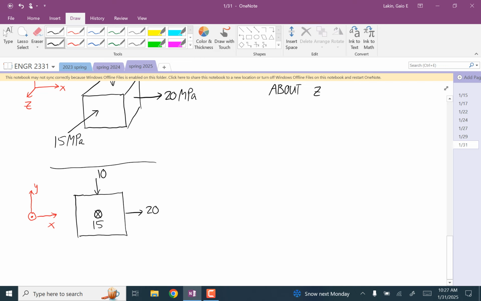And I'm going to rotate this now. If I'm rotating 45 degrees positive about the z-axis, I'm going to something like this, where my x-axis is this way, my y-axis is this way, and z is still out.